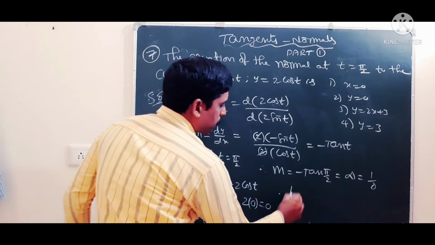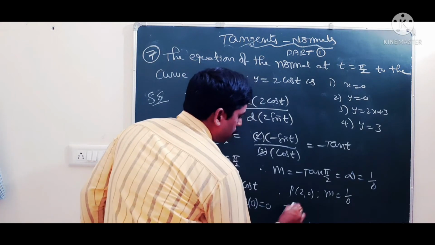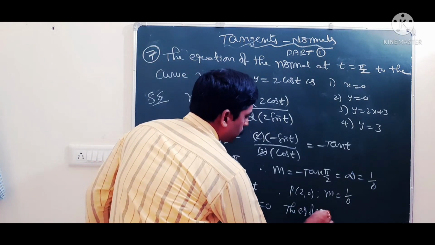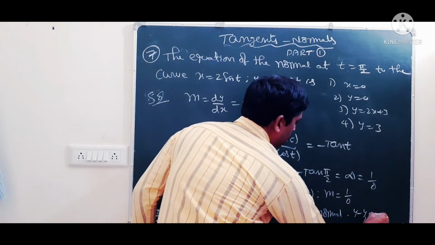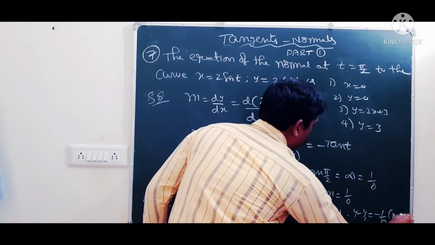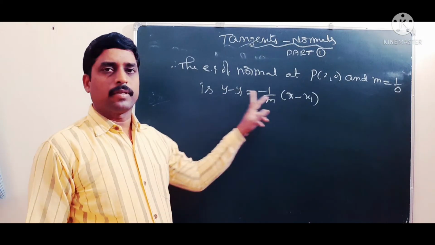We have the point (2, 0) and slope m is equal to 1 by 0. Therefore the equation of normal: this formula is y minus y1 equals minus 1 by m into (x minus x1). Okay, this is the equation of normal formula.